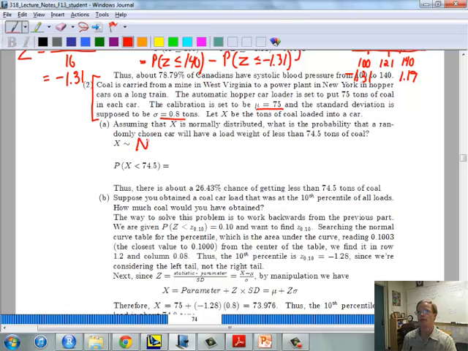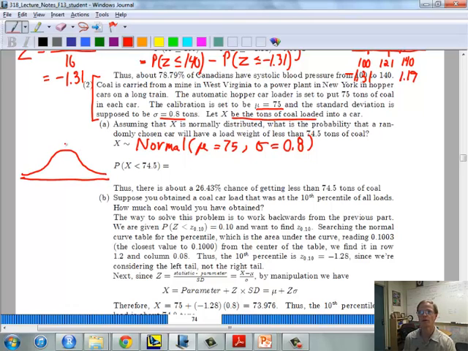So, notationally, we've got X normally distributed, where X is tons of coal loaded into the car, with mean 75, standard deviation 0.8. We want to know, for our particular coal car, we only came up with 74.5 tons. So we're half a ton short. What's the probability of that? Did we get ripped off, or is that just going to happen sometimes?